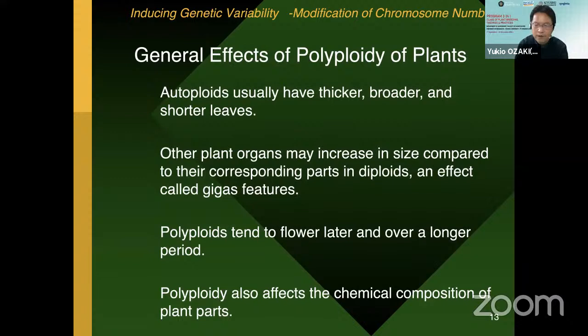This reduction in fertility is attributed to genetic imbalance following chromosome doubling that leads to disharmonies in development. Some changes in ecological requirements, such as photoperiod and heat requirement, have been reported in some species following chromosome doubling.